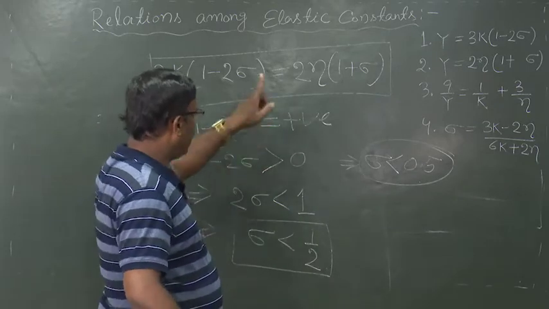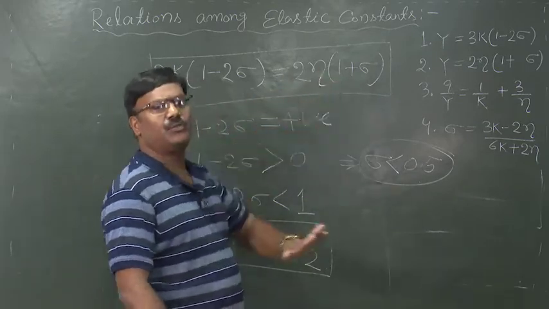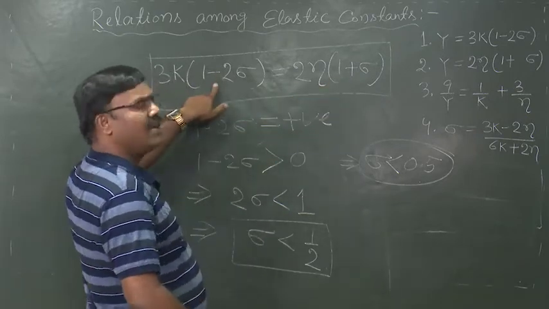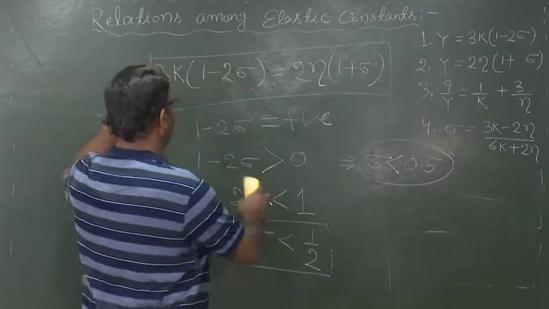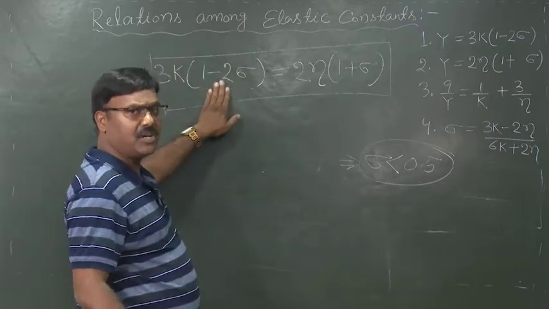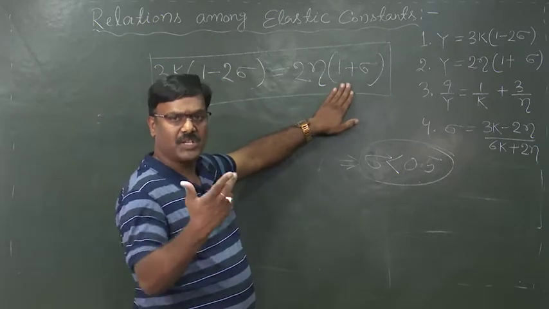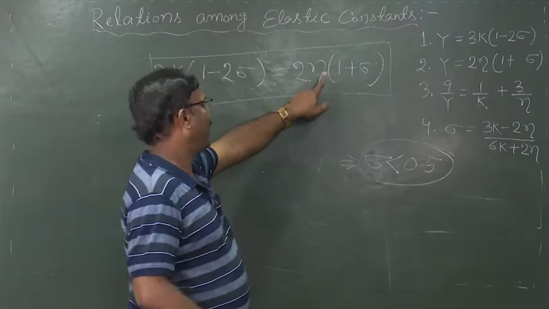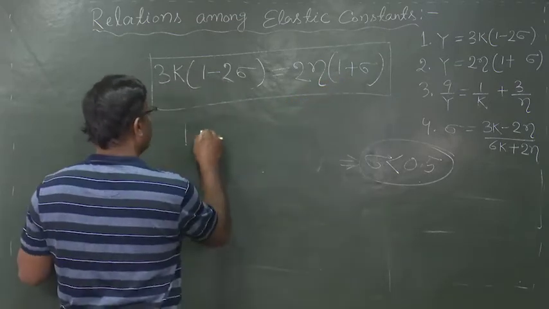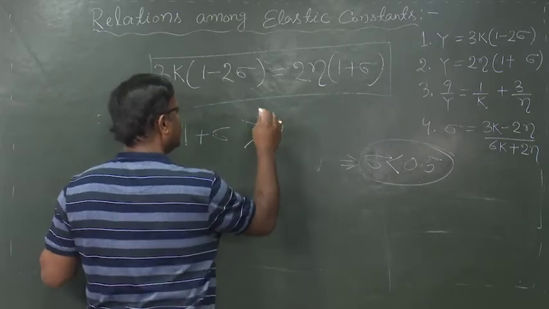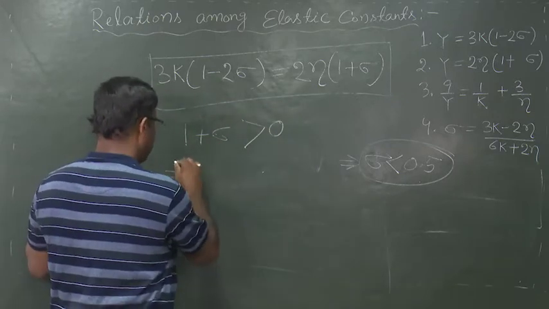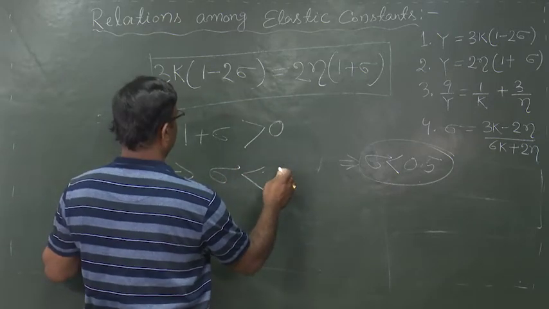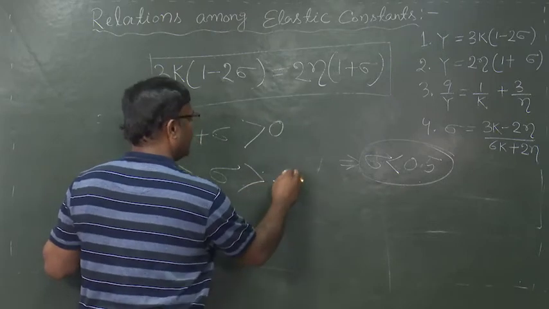Further, if we take σ to be negative, then the left hand side of this equation will become positive. And if the left hand side becomes positive, then the right hand side must be positive. But the rigidity modulus is always positive. That is why 1 plus σ must be positive, that means greater than 0, which implies σ is greater than minus 1.